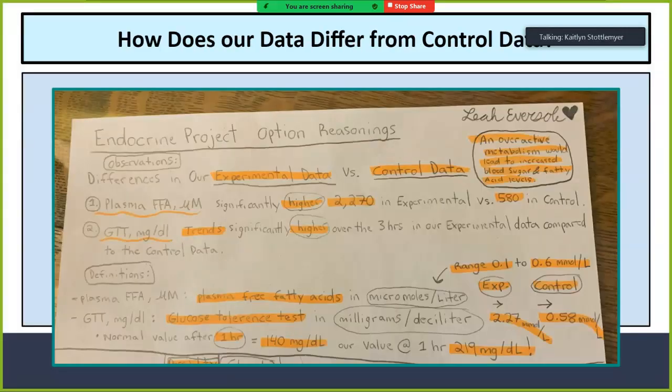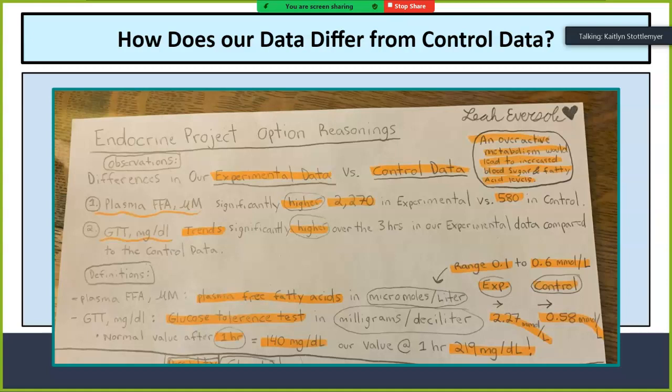All right, so to start off with the definitions of those 2 values, we have our plasma FFA, which is plasma-free fatty acids, in micromoles per liter. The normal range is 0.1 to 0.6. Our experimental was 2.27, and our control was 0.58. And then GTT is glucose tolerance testing.